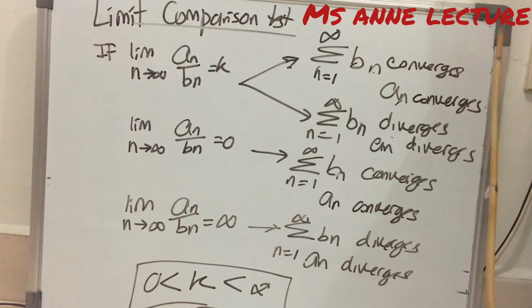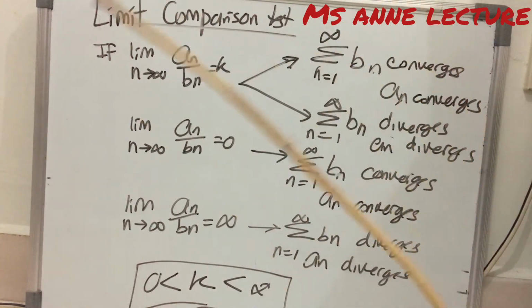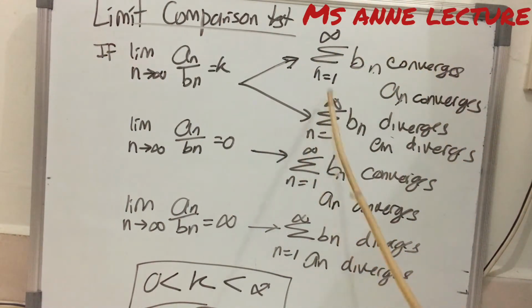All the results from the limit depend on the value of bn. So the bn should be tested and selected from the series that we already learned, which is from the p series, harmonic series or geometric series.